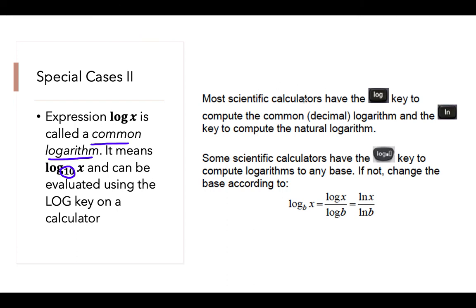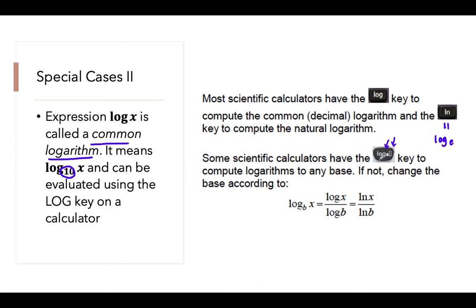Most scientific calculators have a log key and an ln key as well for natural logarithm. So again, ln is log to the e. Some scientific calculators have log and two squares, one subscript and one big square or rectangle.